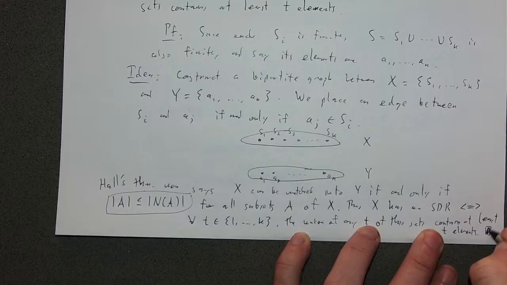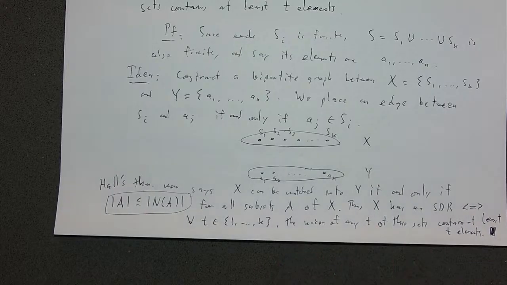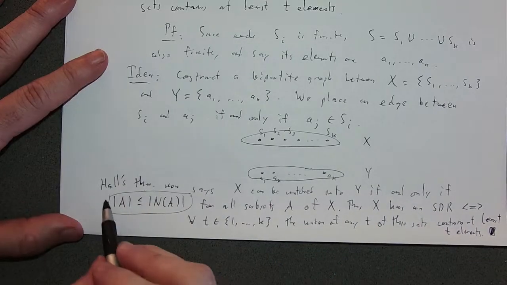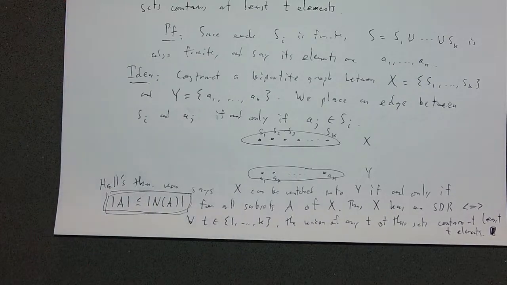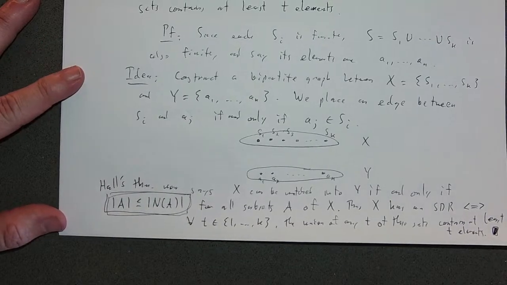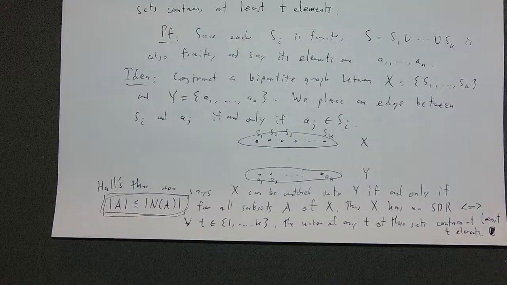So unpack why this statement is exactly what I just wrote out here, together with Hall's theorem. I mean, this is the conclusion of Hall's theorem, but why does this mean that?